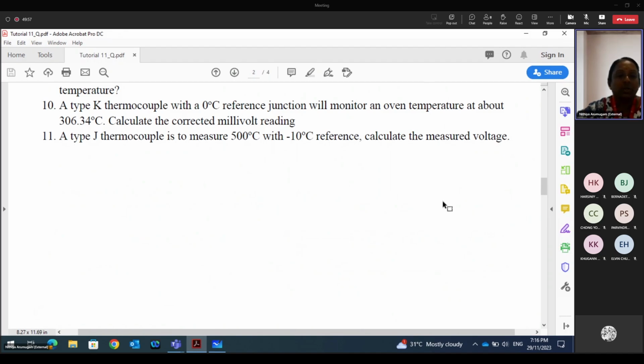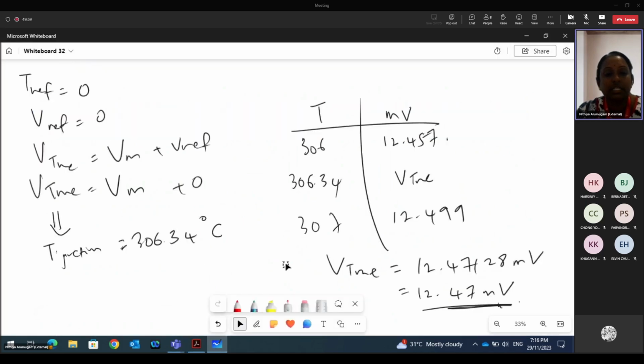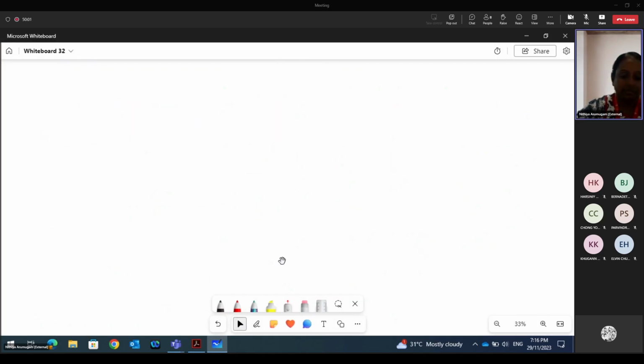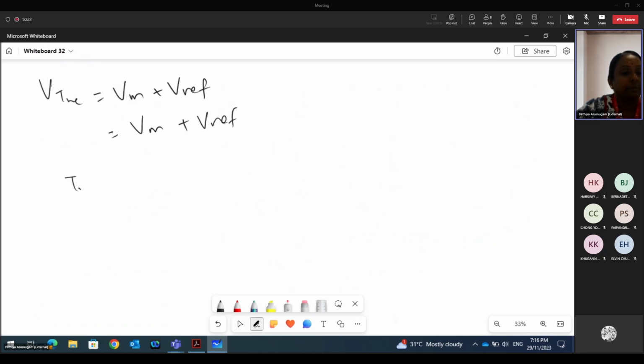Same method, where V true equals Vm plus V reference. The reference temperature given is negative 10 degrees Celsius.